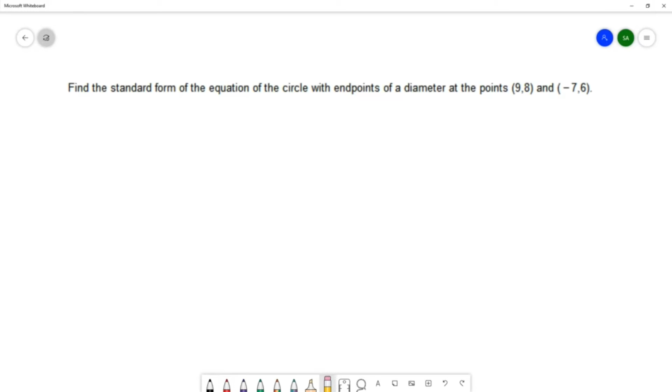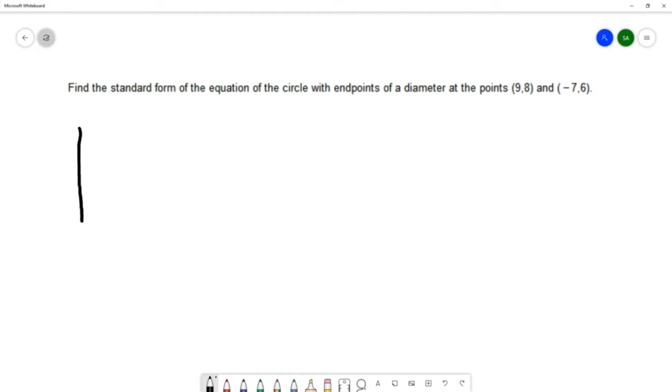So on this question, it says find the standard form of the equation of a circle with endpoints of a diameter at points 9, 8 and negative 7, 6. So we're given that these are endpoints of a diameter. Maybe if we draw a picture, we can get an idea.